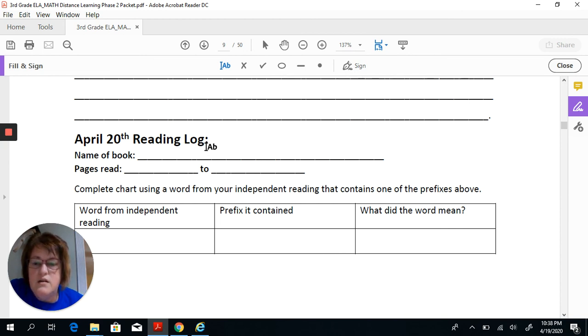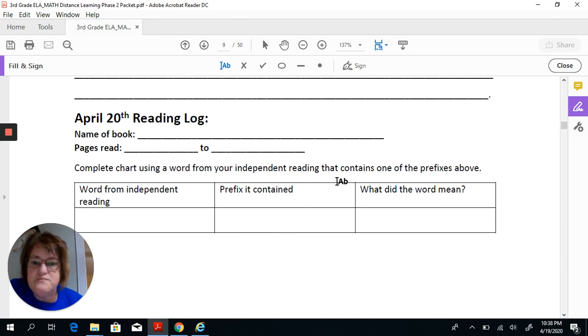Okay, and then after you read, for your reading log, you will write the name of the book and the pages read, so whatever your start page is to your stop page. And remember, if you're reading a chapter book, you may start on page 100 and finish on page 123 or 125. It just depends on how long your book is and how many words are on each page. Complete the chart using a word from your independent reading that contains one of the prefixes above. Guys, we do this all the time.